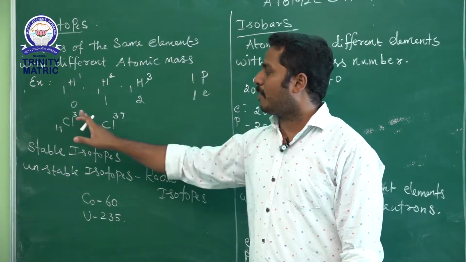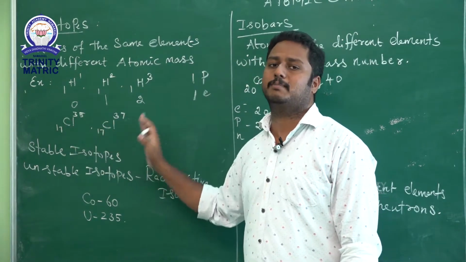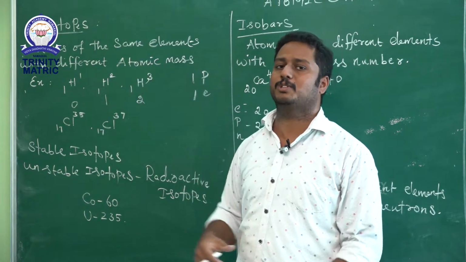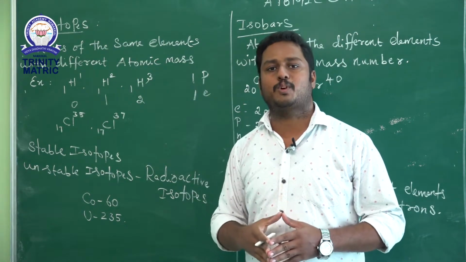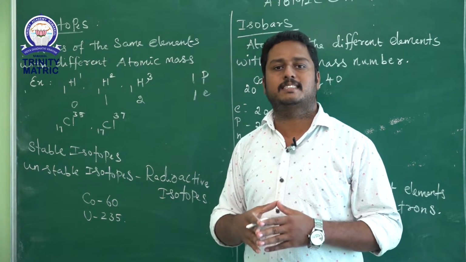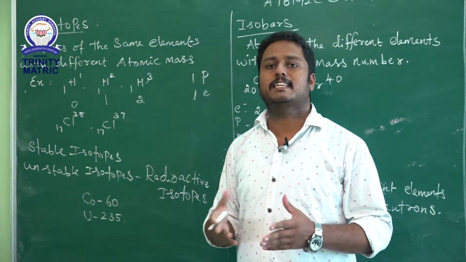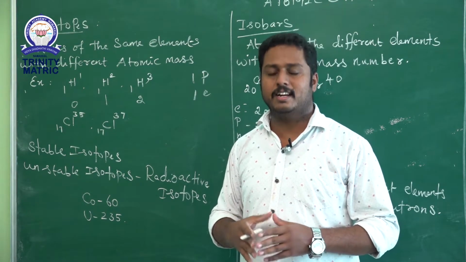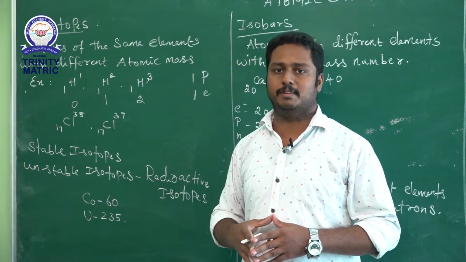So here also the mass number differs but the atomic numbers are the same. These are known as isotopes. The mass number differs due to the difference in the neutron numbers.